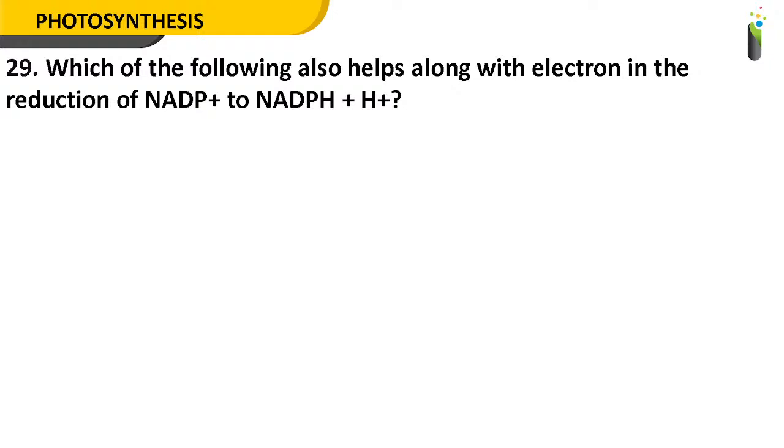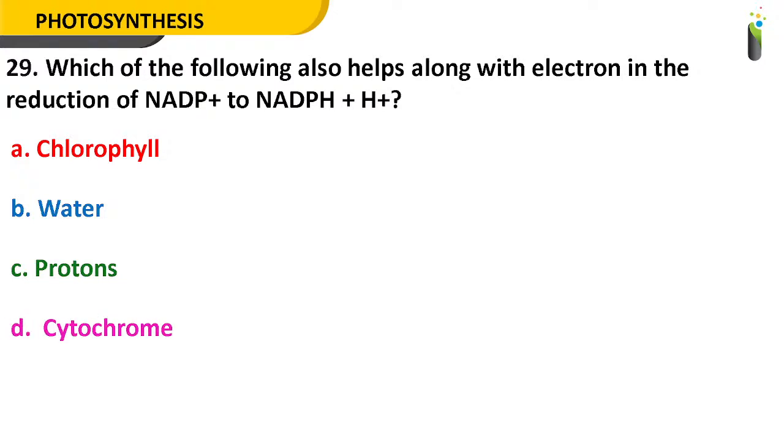Coming to the next question, number 29. Which of the following also helps along with electron in the reduction of NADP+ to NADPH + H+? A. Chlorophyll. B. Water. C. Protons. D. Cytochrome.